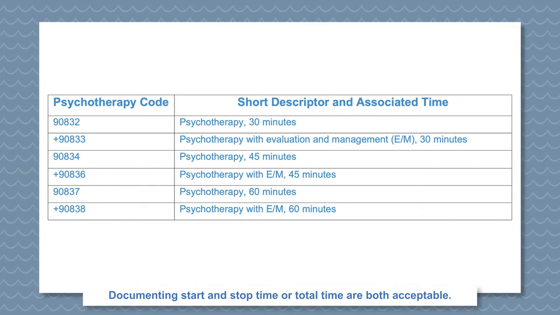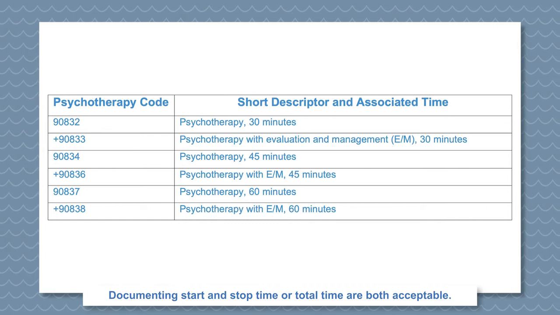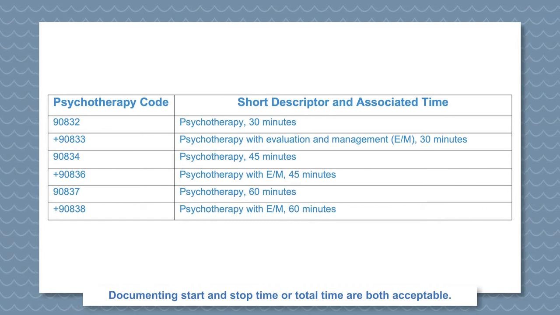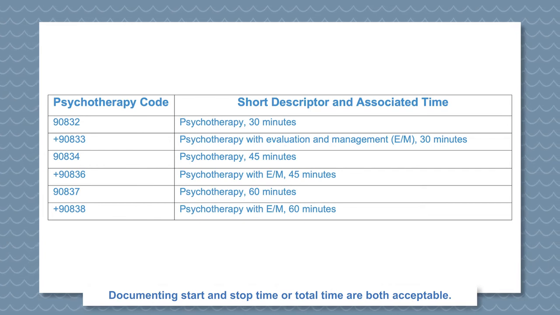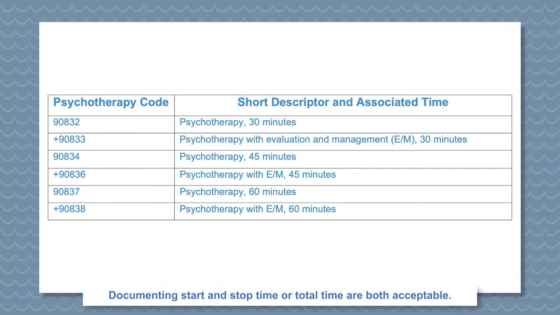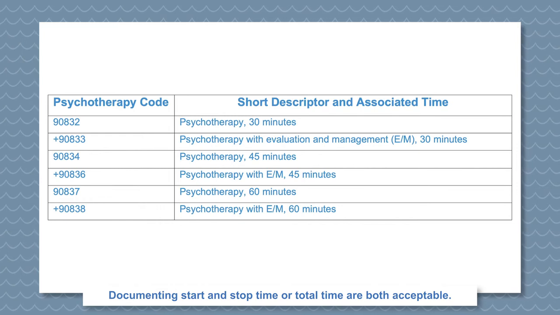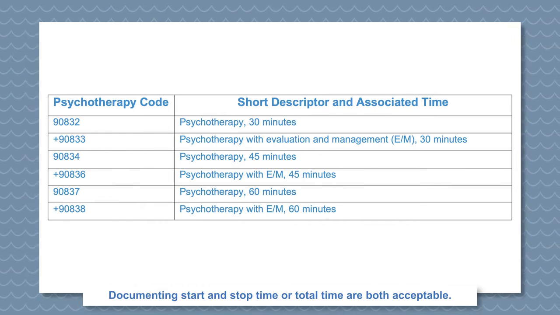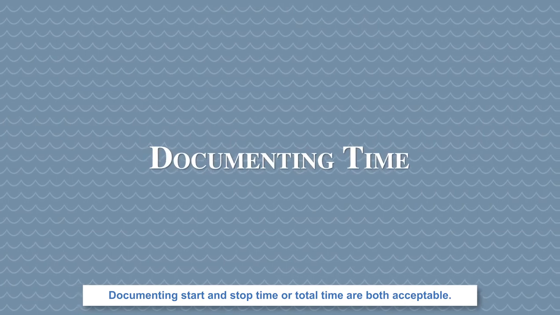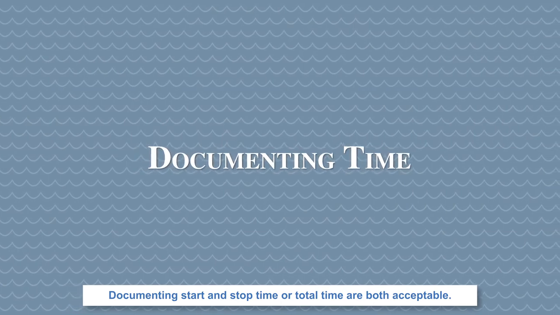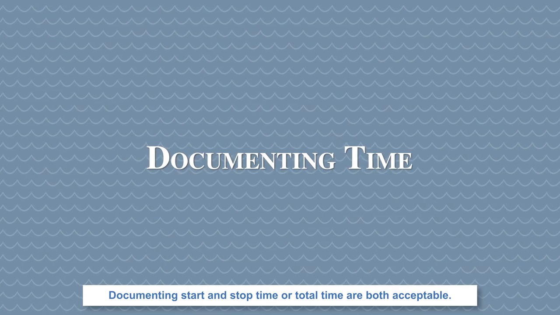Notice the codes that include an evaluation and management service are add-on codes. These psychotherapy codes must be billed with the associated evaluation and management code. If these 3 codes are billed independently, they will deny because of the evaluation and management code requirement. We frequently see that time is either missing or not documented properly in the medical record when rendered with the evaluation and management service.